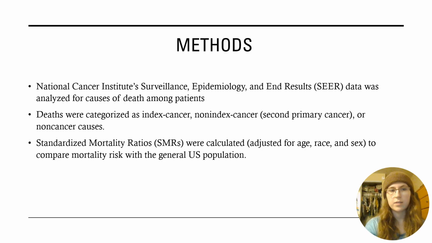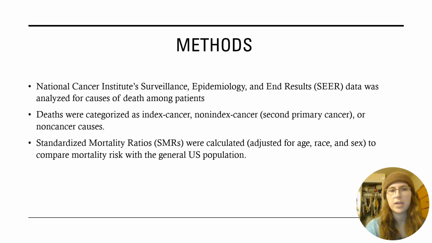For the methods, this was largely an observational study, so they utilized data from the National Cancer Institute Surveillance, Epidemiology, and End Results, or SEER, and that would tell the different causes of death among patients. And then the deaths were categorized either as index, non-index, or non-cancer.